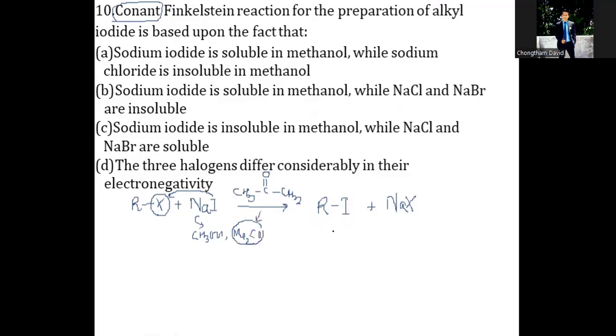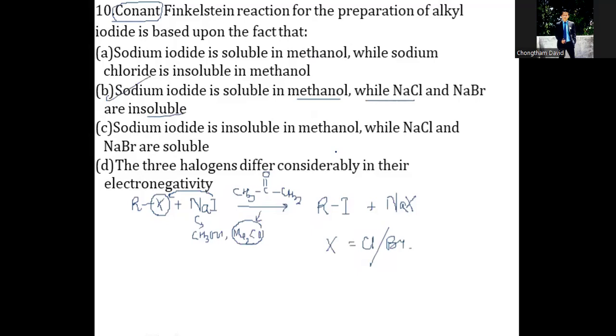You have to remember this X should be only chlorine or bromine, not fluorine or iodine. So based on this, if you read the options, the correct answer will be option B. Sodium iodide is soluble in methanol, while sodium chloride is insoluble.